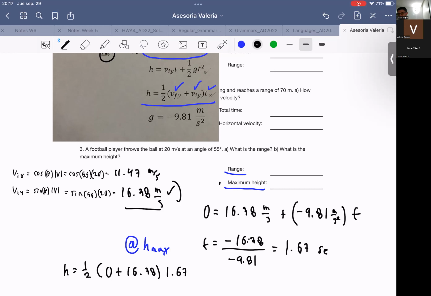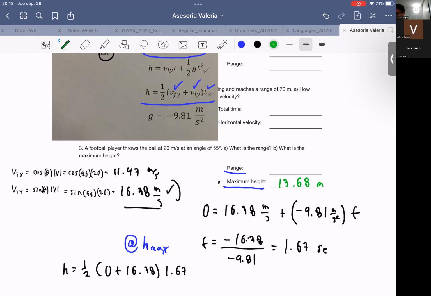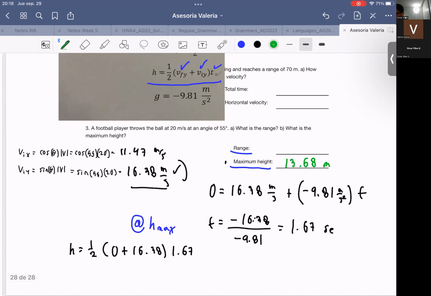If you put this in your calculator, you are going to get 13.68 meters. Perfect. That's really good.